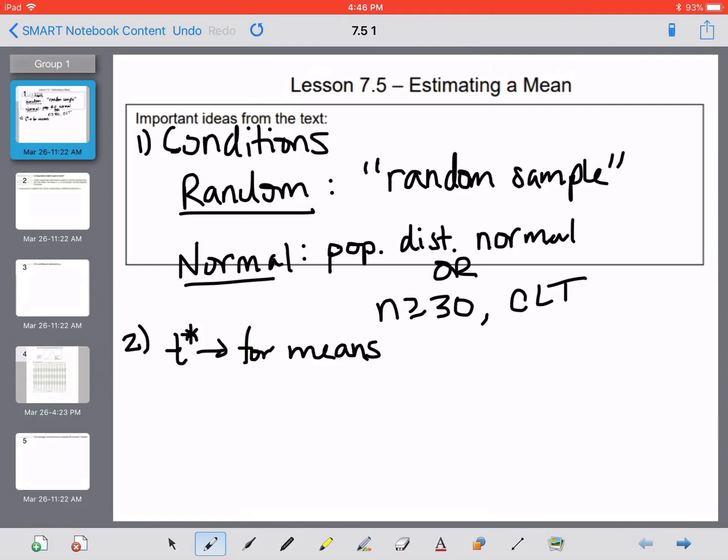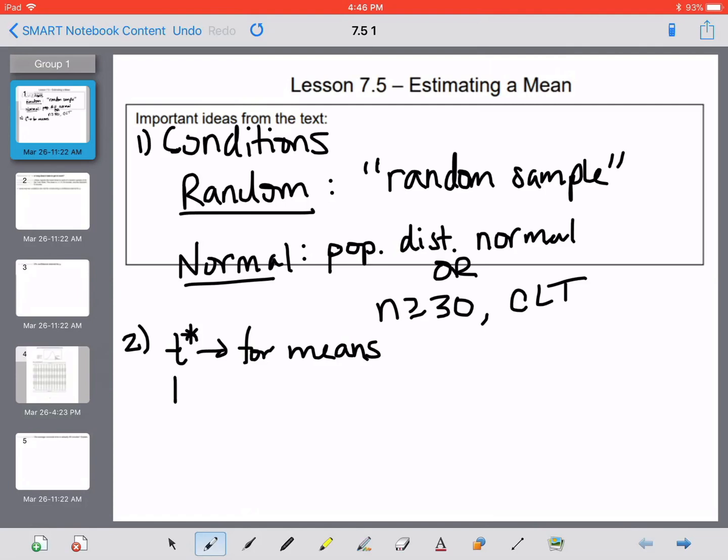A proportion is like a percentage. So if they don't have any percentages or a fraction or a ratio, then you're probably just going to be using a mean. So that's t-score.